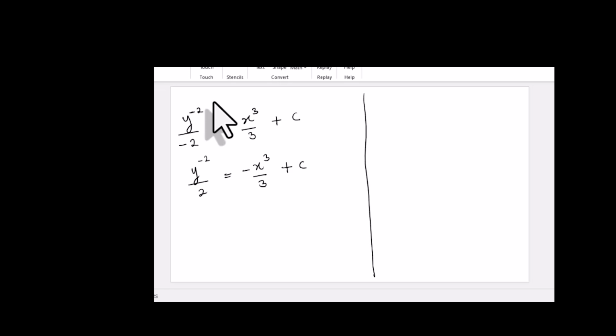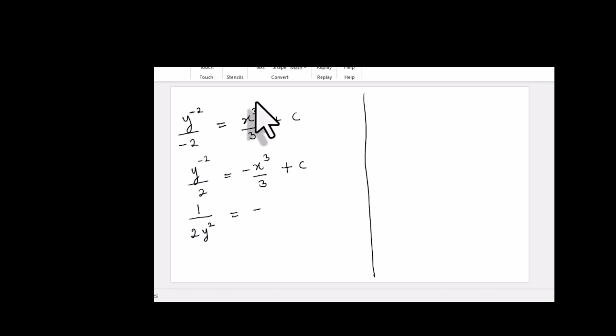And from here you can say 1 over, so it's like we used the indices law. So it's like we're doing the inverse. It's still the indices law. So if you remember the indices law, you're trying to say 1 over 2y squared equals what?